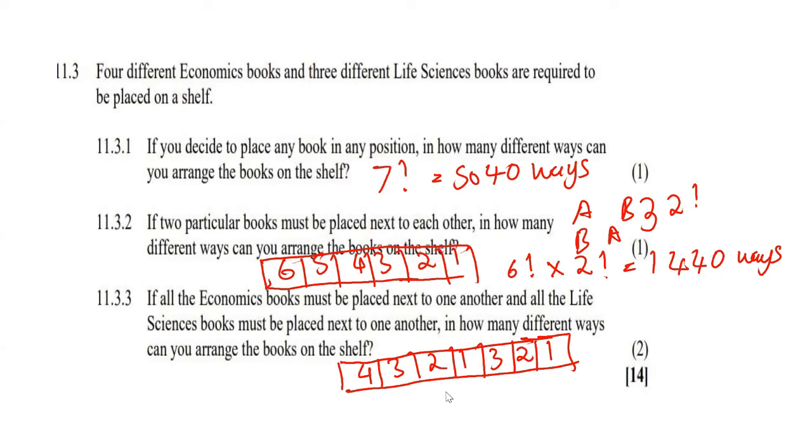They did not put in that restriction. So that means there are 2 factorial ways in which we can have this. We can either have the economic books placed first and then the life science books, or we can have the life science books first and then the economic books.